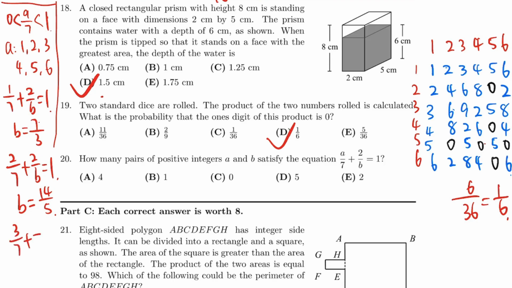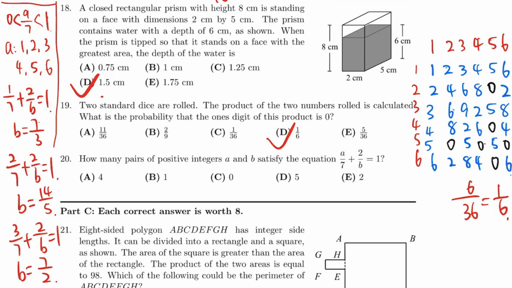3 over 7 plus 2 over b is 1. So for this case, b is 7 over 2. Also not a positive integer.